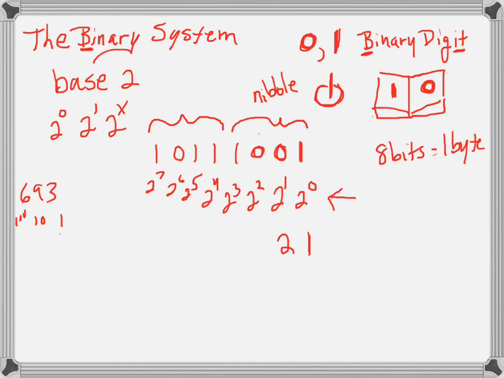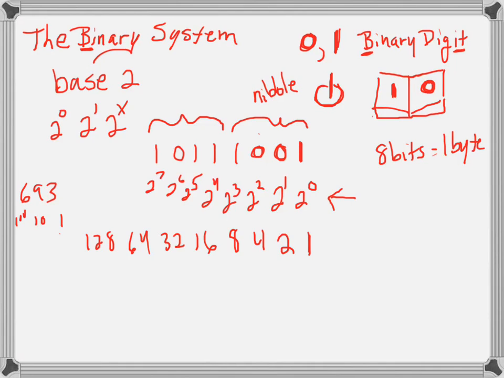So this is actually called the 2's place. 2 to the 2 is 4. That's the 4's place. 2 to the 3 is 8. That's the 8's place. And you'll notice that all we're doing here is multiplying by 2 each time. So that's an easier way to think of it. So my place values in a binary number are 1, 2, 4, 8, 16, 32, 64, 128. So those are the place values that I have in a binary number.